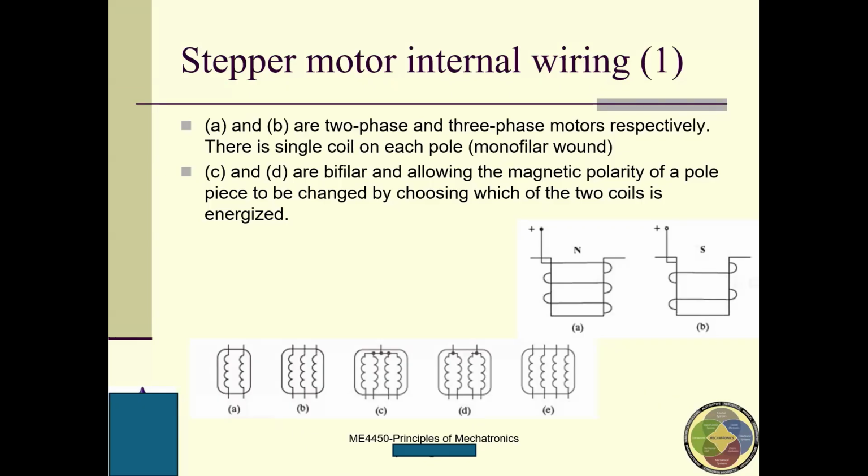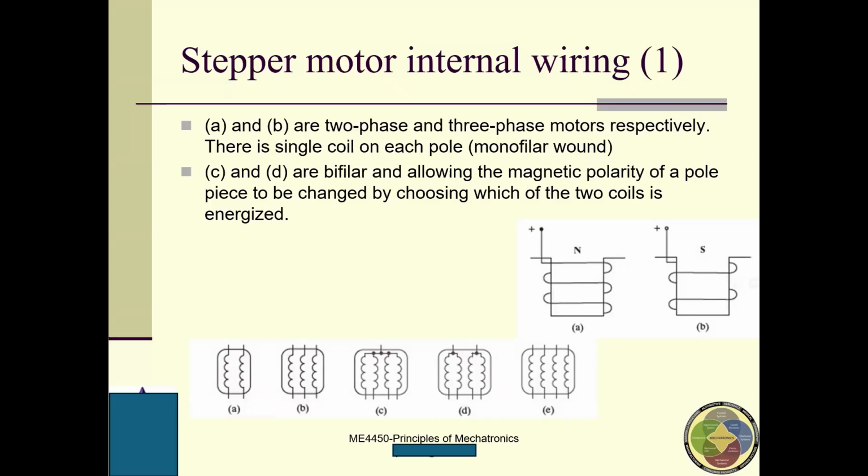Okay. Right? So the difference between these two and these two is that for one pole we have two weldings. But for here, for one pole, we have only one welding. Guys? So this is called monofilar weld. Monofilar weld means that on one pole we only have one welding.